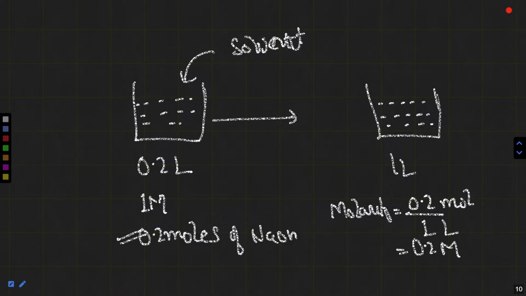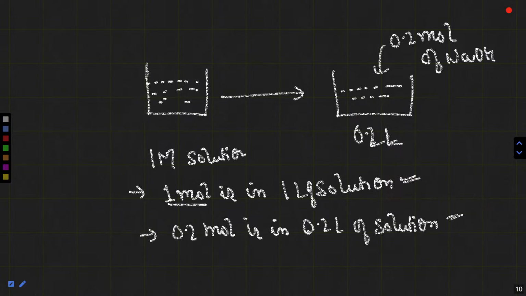So this is the thing that I am trying to make you understand. So I am again repeating the whole part, so just listen very carefully. Suppose we have 1 molar solution. By 1 molar solution we mean we have 1 mole of the solute present in 1 liter of the solution.